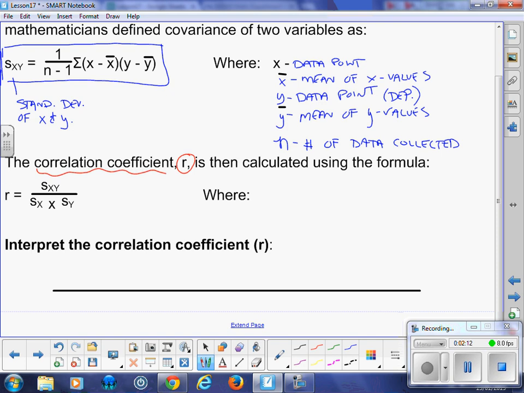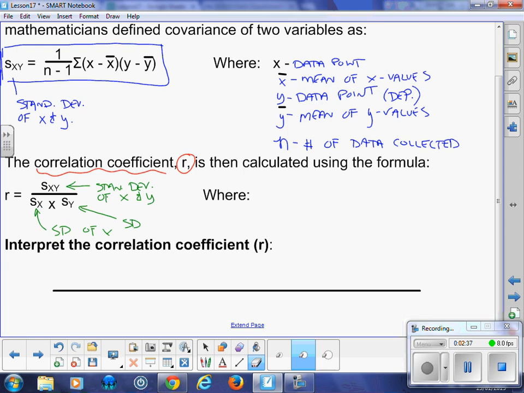We have R, our SXY from above, the standard deviation of X and Y together, then the standard deviation of X, and then the standard deviation of Y. A whole lot of work, and we could calculate each of these individually. The spreadsheet would do it for us, but the point here is why would we do that? So R, again, is our correlation coefficient.